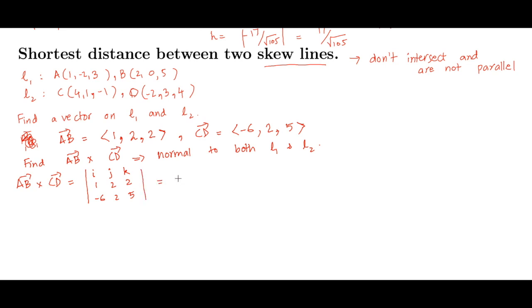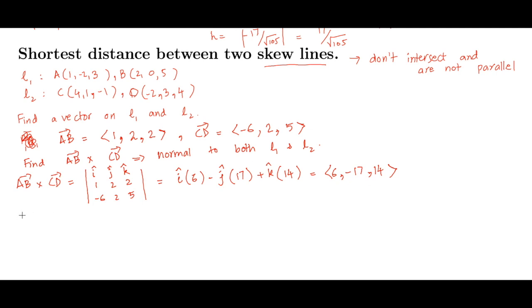So this is equal to i times 10 minus 4, which is 6, minus j times 5 minus 12, which is 7, plus k times 2 minus 12, which is 14. So I can say here 6, minus 7 and 14. So this is a normal vector to L1 and L2.